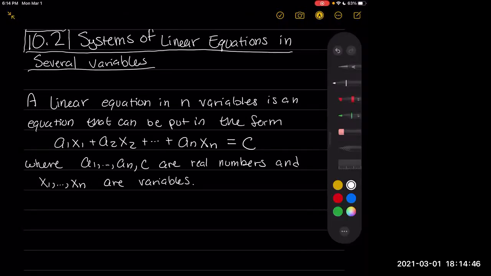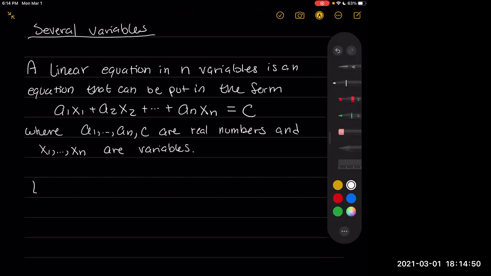And then we keep using the term linear, so I want to give y'all an example between a linear equation versus a nonlinear equation.